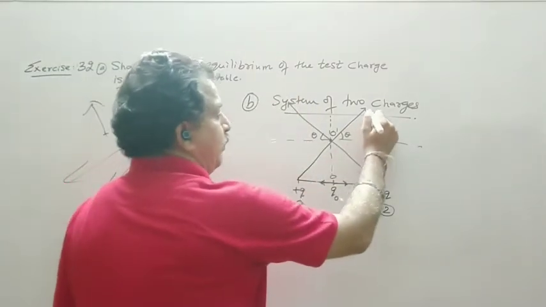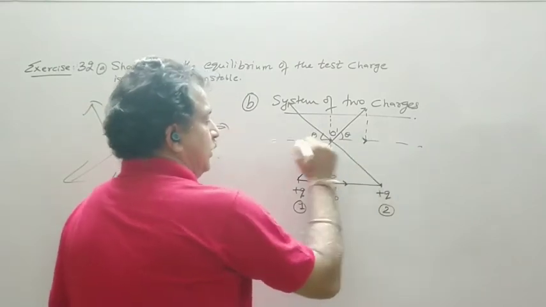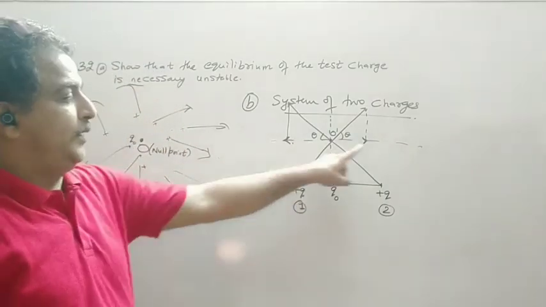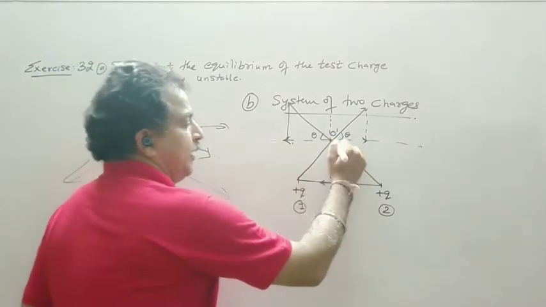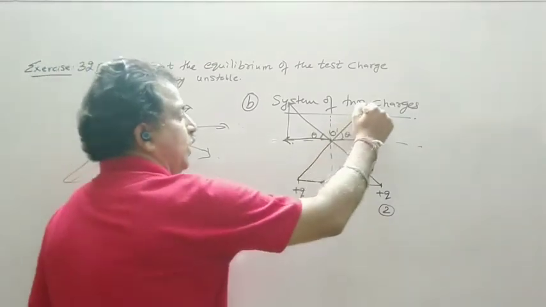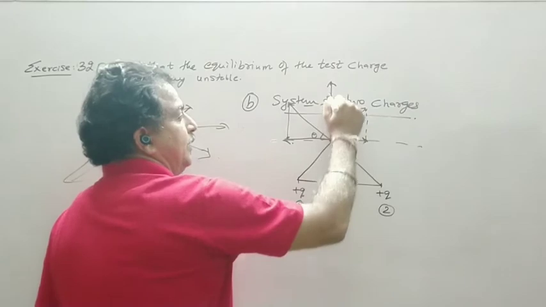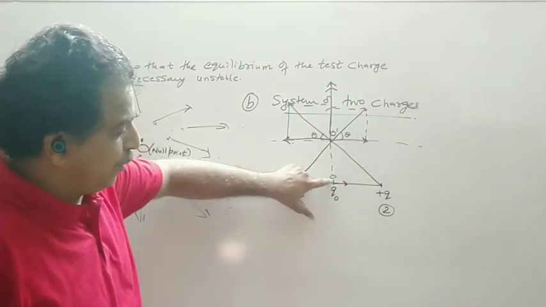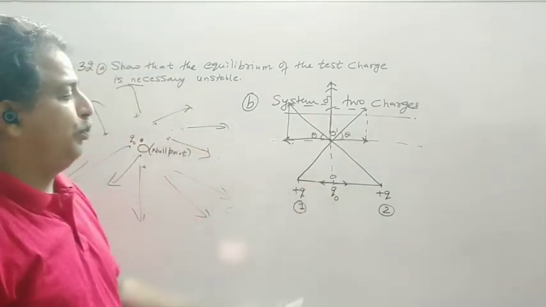Now, if I drop a perpendicular, this will be one component, this will be the other component. Now, these two components being equal in magnitude but opposite in direction cancel each other. But this vertical component, both the components will be in the same direction. So this particle, when it is displaced from O to O dash, it will never come back to O position.